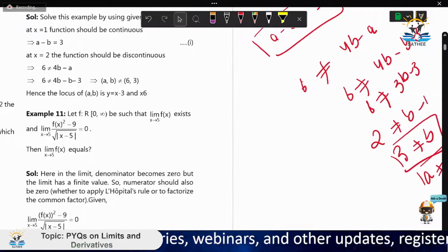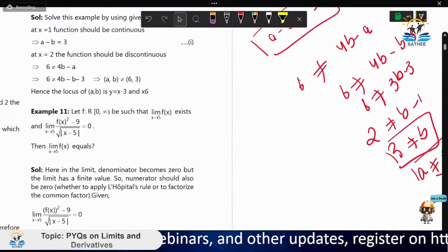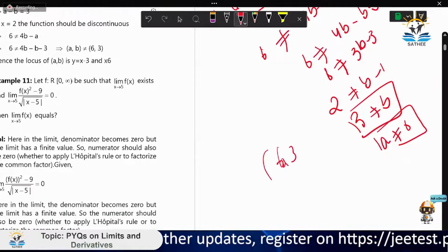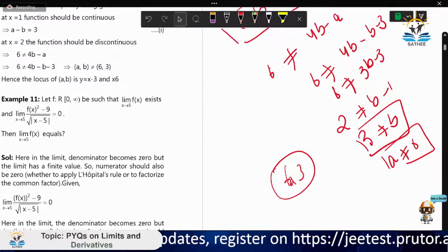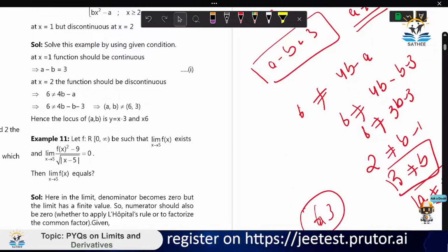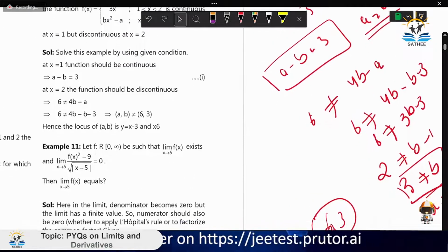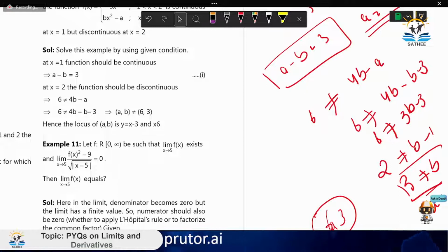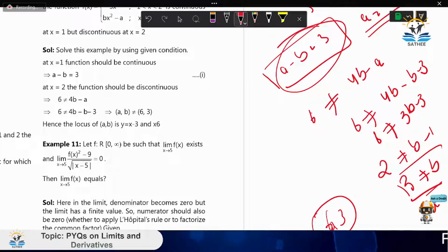So they could be anything, right? Apart from this point, that is 6 comma 3, there could be anything. So the locus becomes this with the condition that they cannot be equal to 6 comma 3. That's it.